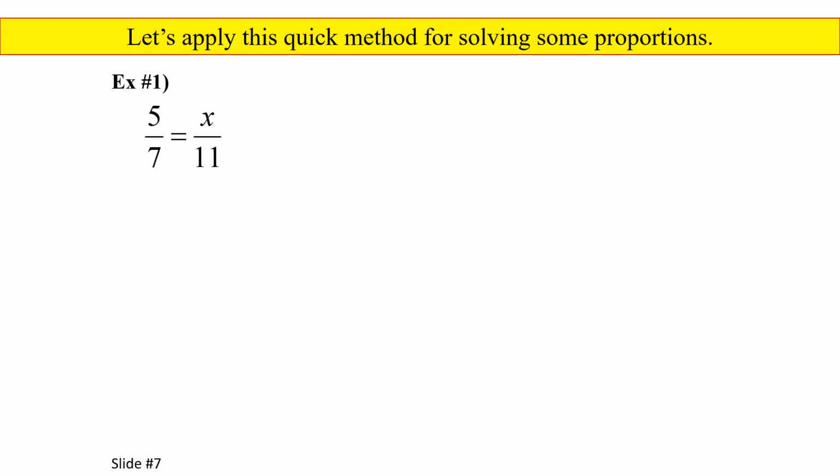Let's apply this quick method for solving some proportions. X equals a fraction. The numerator is made up of the complete diagonal multiplied together, 11 times 5. And the denominator is the number opposite the x, which is 7.